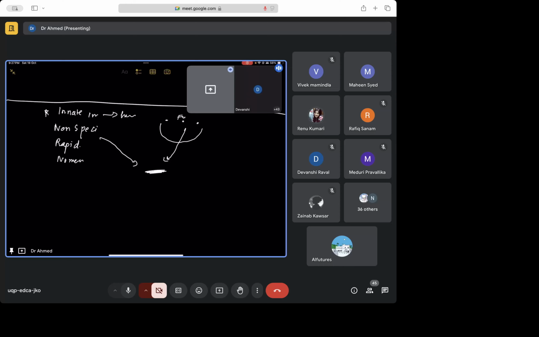It won't be fast the next time. The concept of memory is that if you have memory, whenever you have a second exposure to the same pathogen, the second response would be exaggerated and rapid, right? So in innate immunity, the future response is basically equal to the initial response.